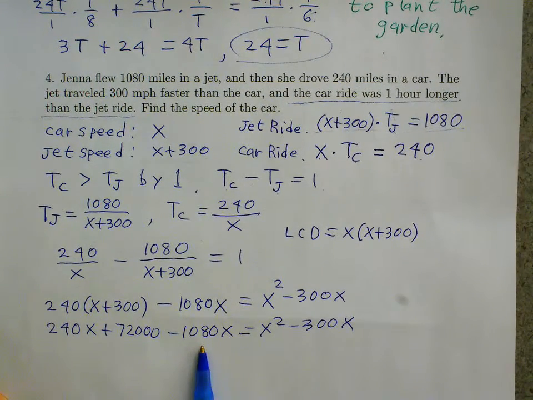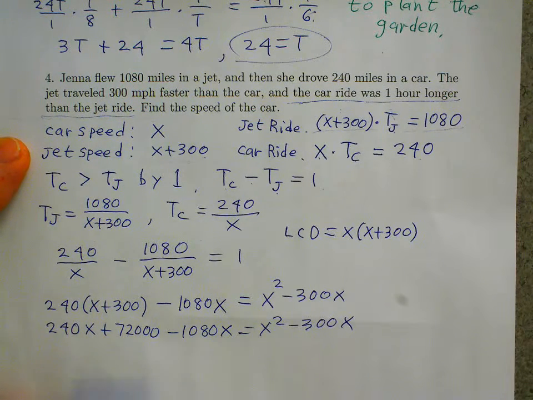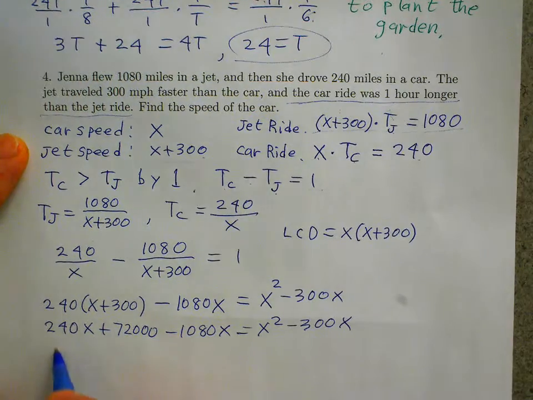Okay, so on the left-hand side, the 240x minus 1,080x is negative 840x. And then we're going to add 840x to both sides. Let's make the left-hand side 0.